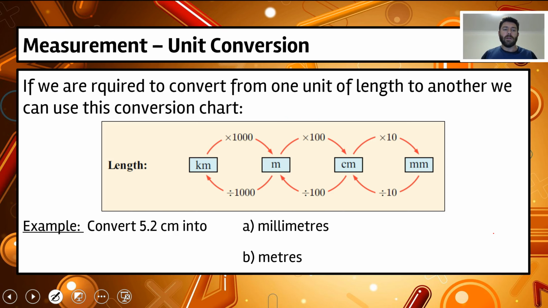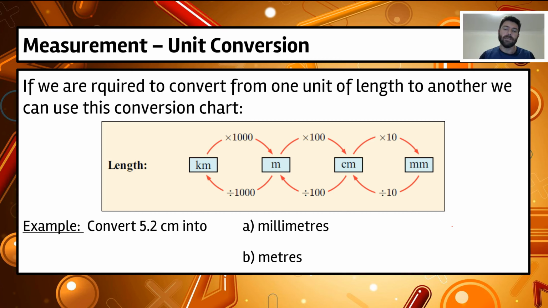With unit conversion, some lengths on our shapes may be represented in a different unit. We might have millimeters or centimeters in there. We want to convert them all into the same unit when we're calculating, and this little chart helps us convert.